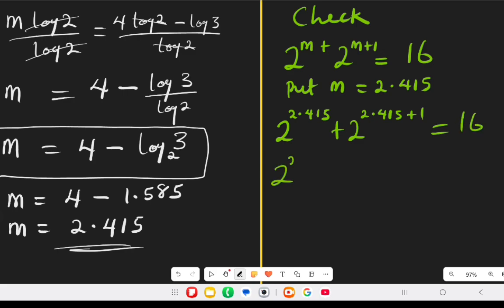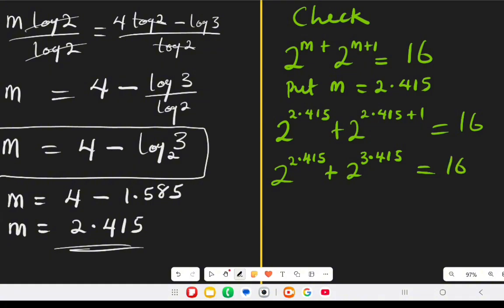2 raised to the power of 2.415 plus 2 raised to the power of, when we add 2.415 plus 1, will give us 3.415, equals 16.